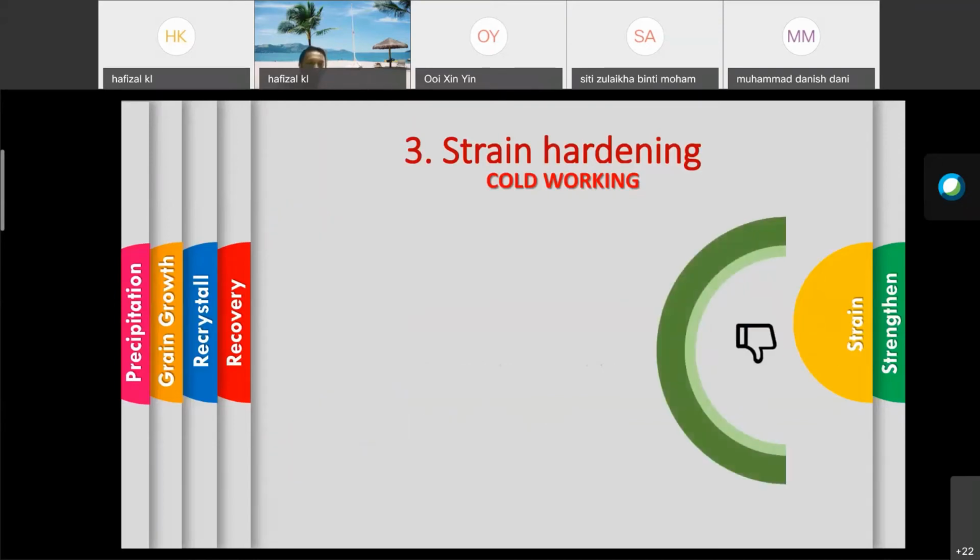For the disadvantage of cold working, we can see decreased ductility. During the process of cold working, the ductility is decreased. And then higher force is required for deformation.